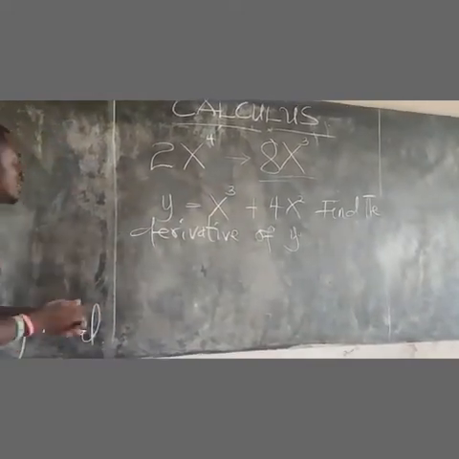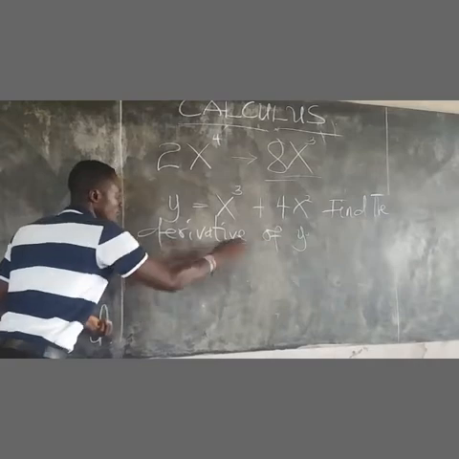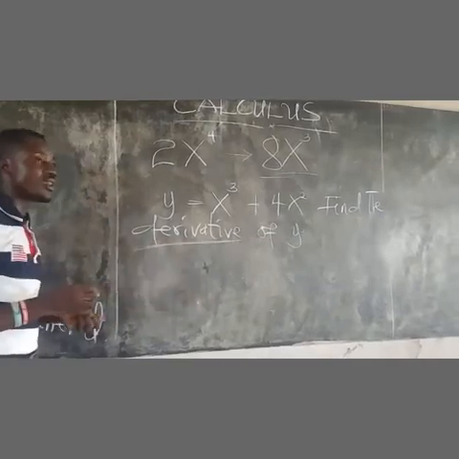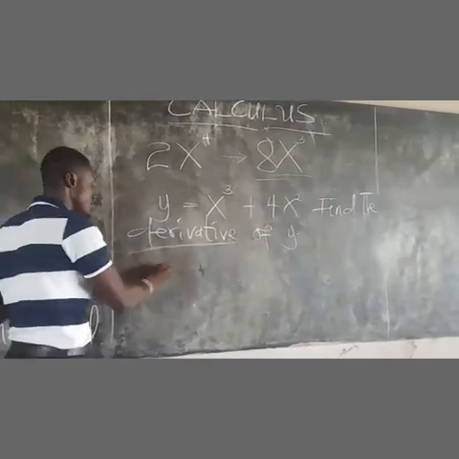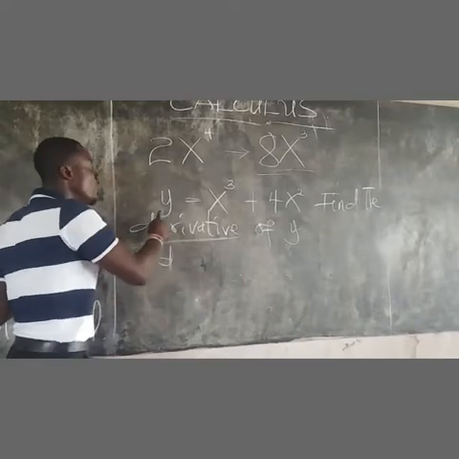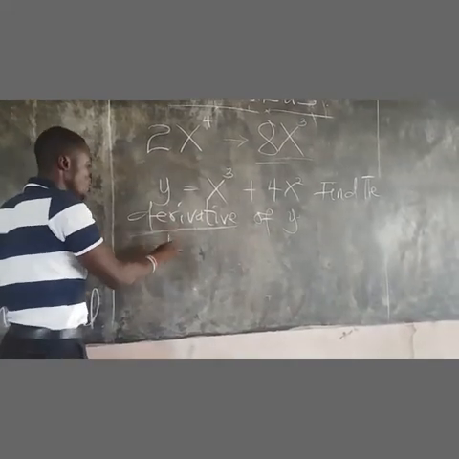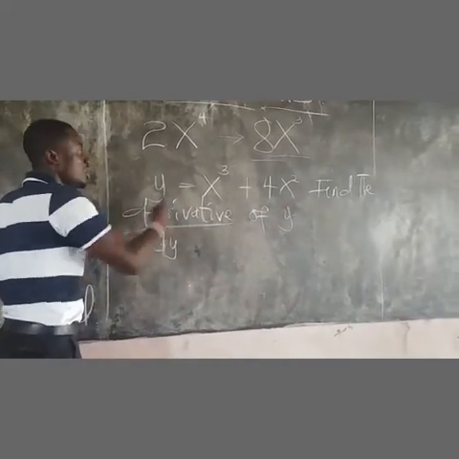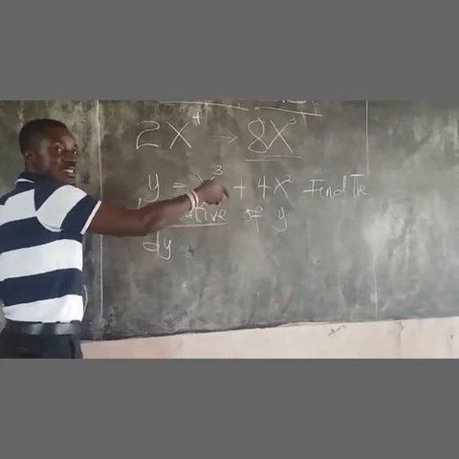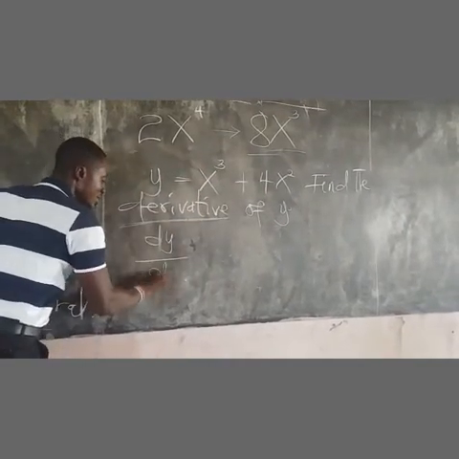What it means is that the derivative is denoted as d. So you are differentiating y, so dy with respect to x. So you have dy dx.